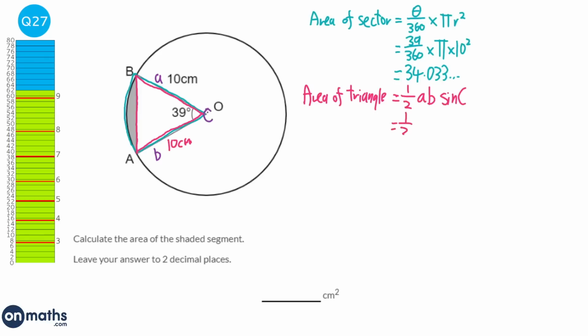So we've got a half times 10 times 10 times sine of the angle, which is 39. When you work that out, you get 31.466 and so on.